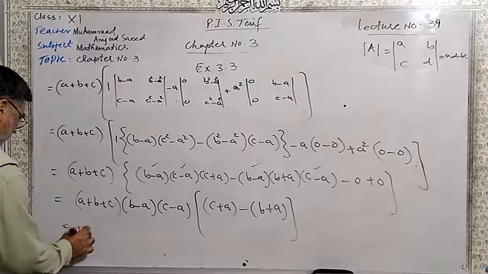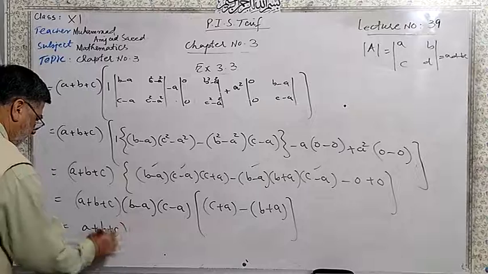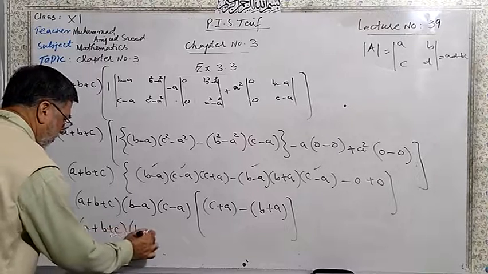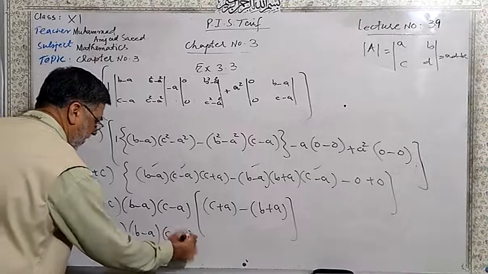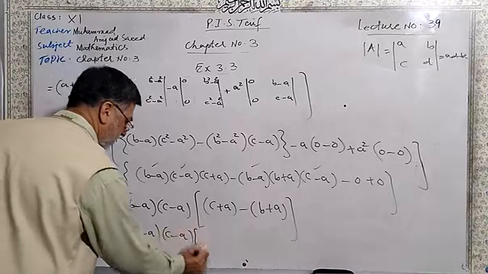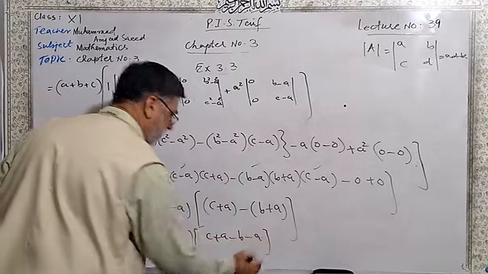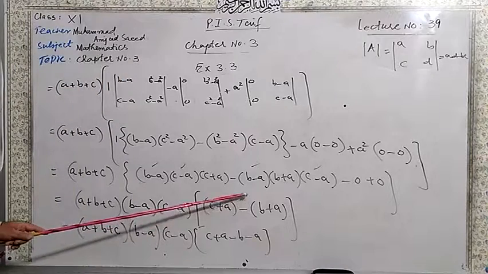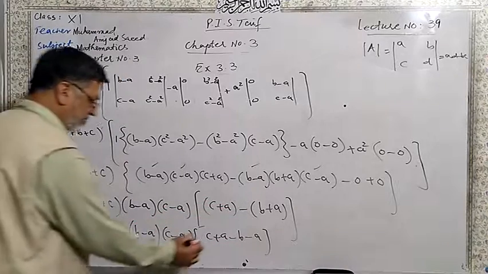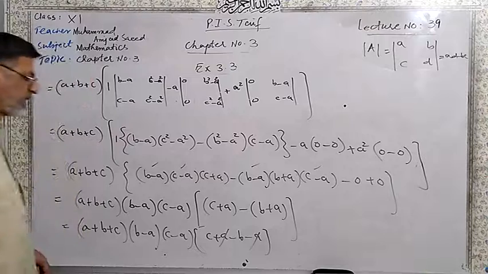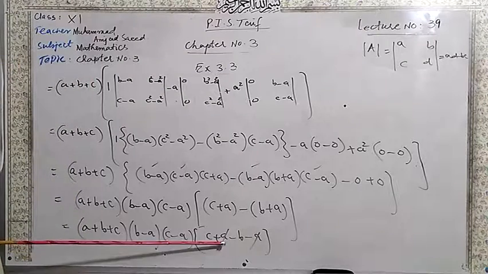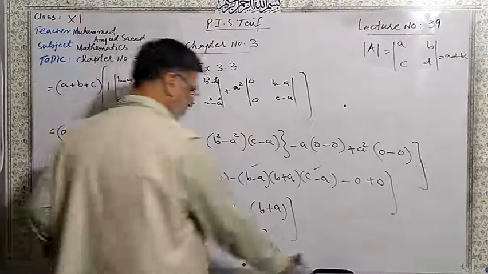After that, a plus b plus c into b minus a into c minus a, then c plus a minus b minus a. Open up the bracket, change the sign. Then we are left with inside as c minus b.